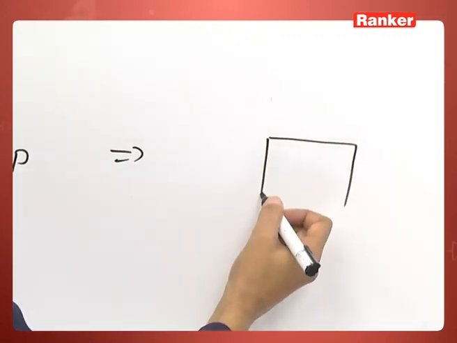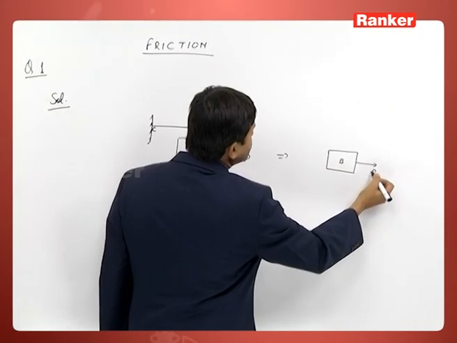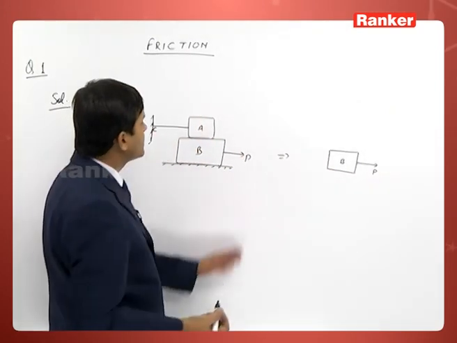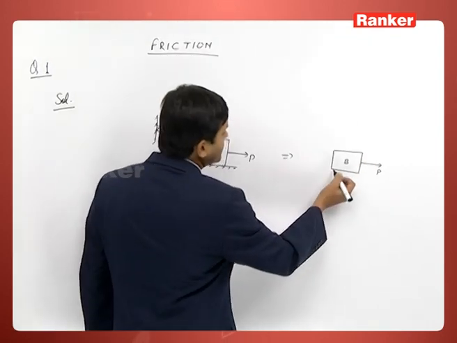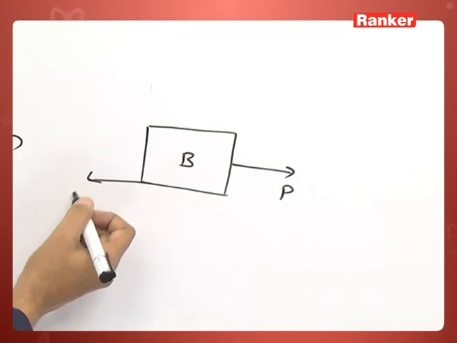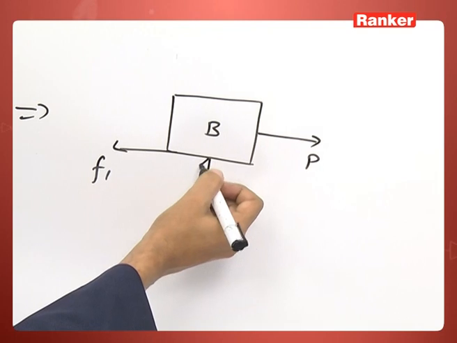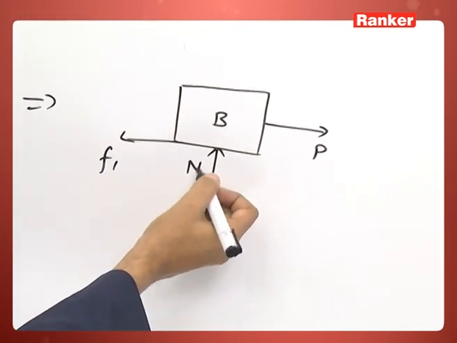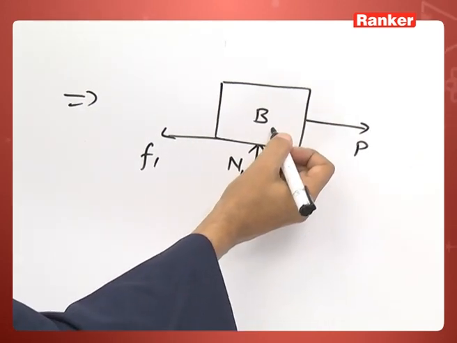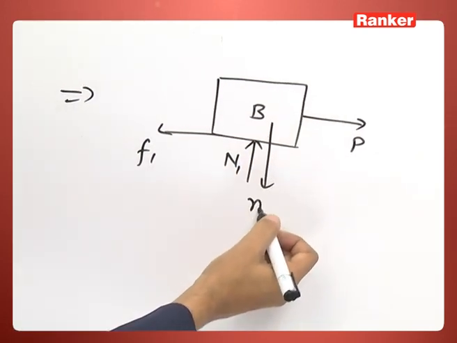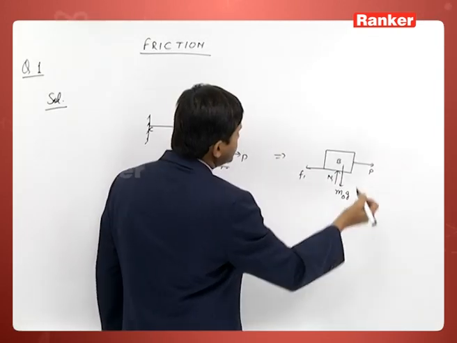When we are making the FBD of block B, force P is needed. As block B is about to move, the horizontal surface will apply a friction, let this be F1, and the ground is applying a normal force, let's say N1, as well as the weight of block B, mass of block B, MB into g.